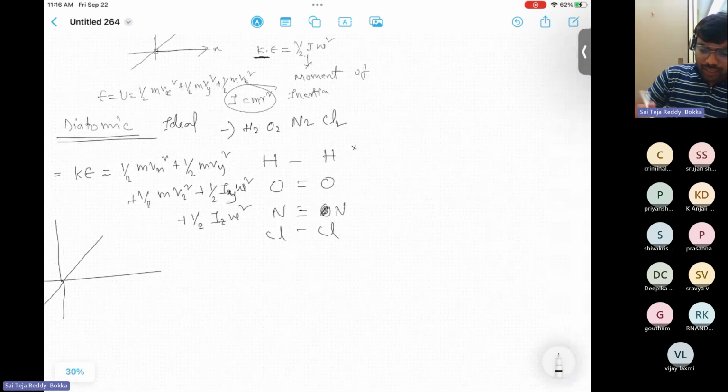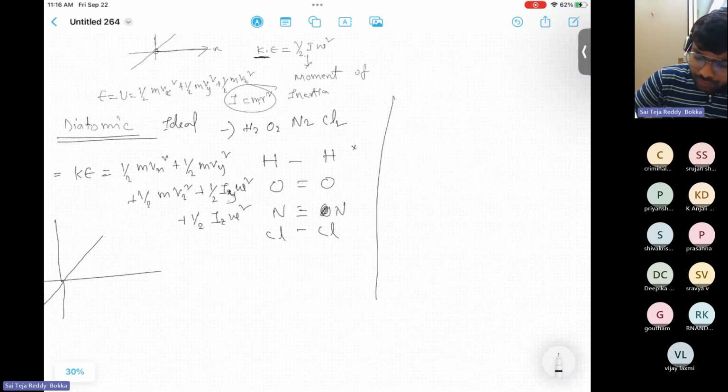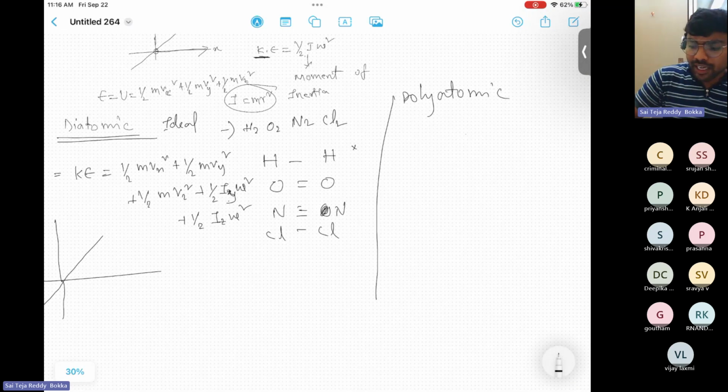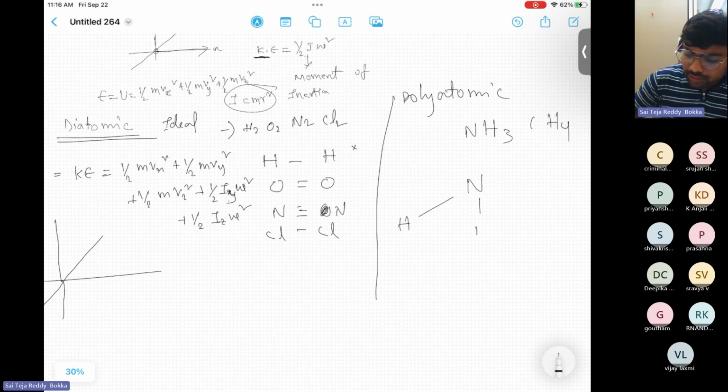So when we are discussing a polyatomic, I'll take the best examples: NH3, CH4, SO3, SO2. If you are taking NH3, the molecular diagram will be like this.